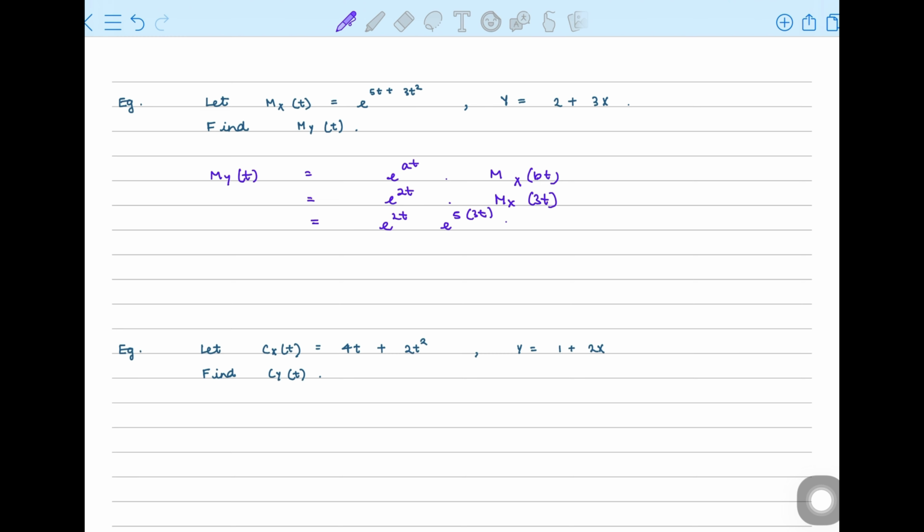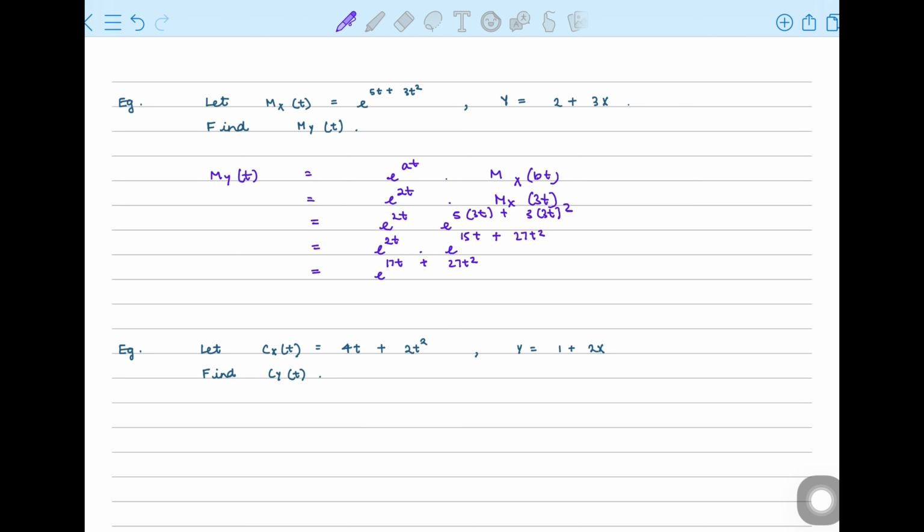Now we simply insert 3t in place of t. This gives us the final answer as e to the power 17t plus 27t squared.